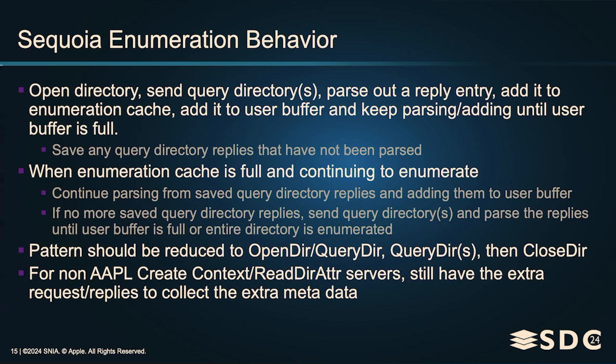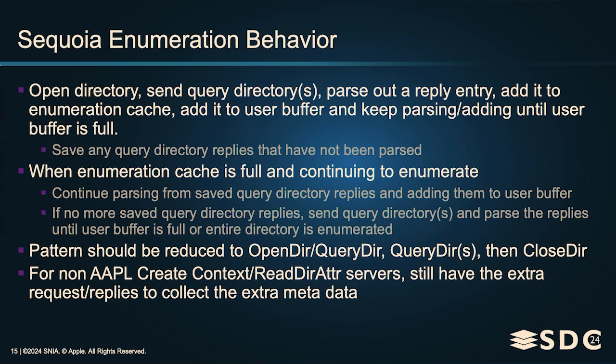We'll continue to parse them, pull out the data from them, and return it to the user. When we run out of the saved query dir replies, we just issue the next query dir request, which continues the enumeration. So what you should now see is the open dir, the query dir, a bunch more query dirs as we need them, and then eventually just the final close dir. So we never have to restart the enumeration. Steve.